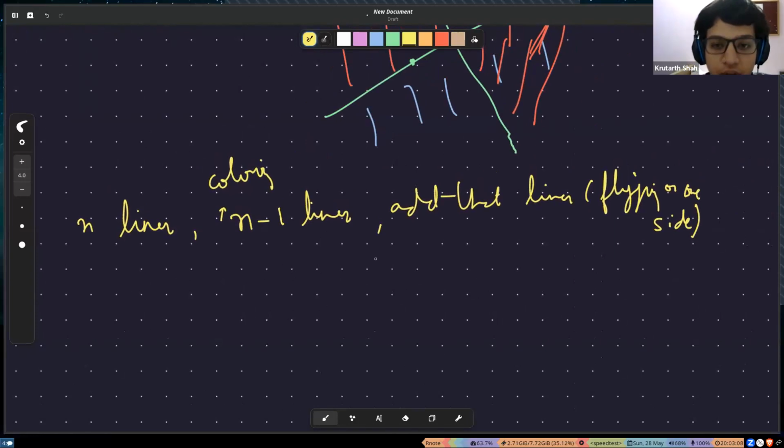So when you're writing the proof, instead of saying I take one line and then keep adding things, you could say that's an equally valid proof, but it's usually better to write it in an inductive way.